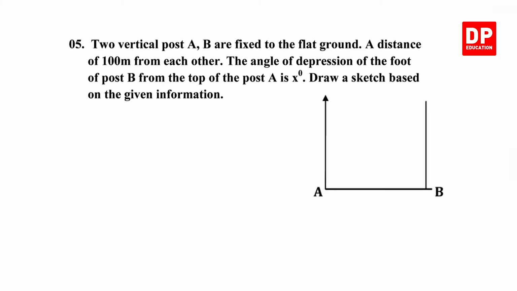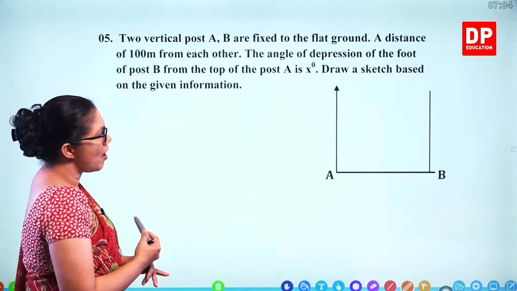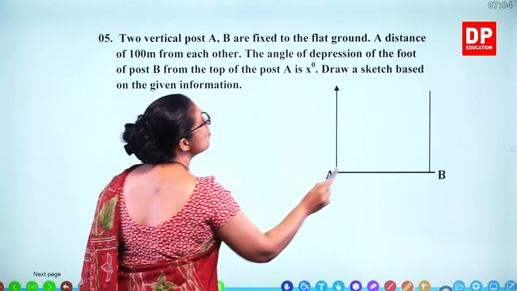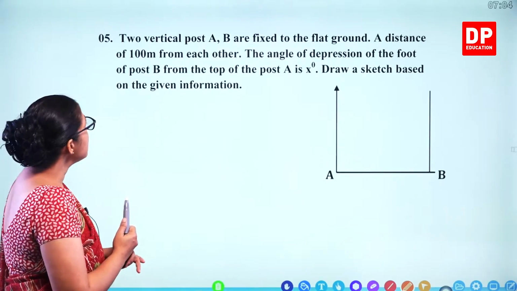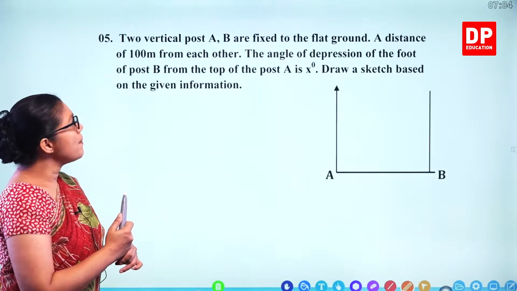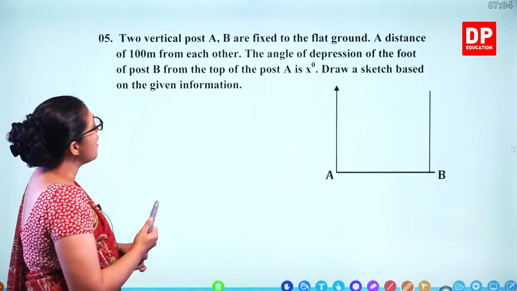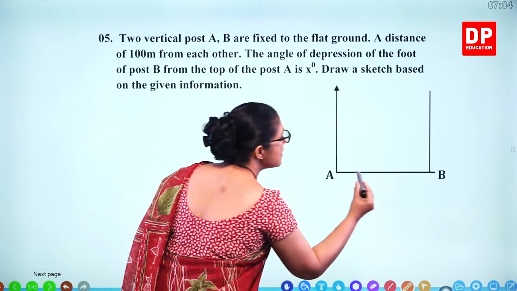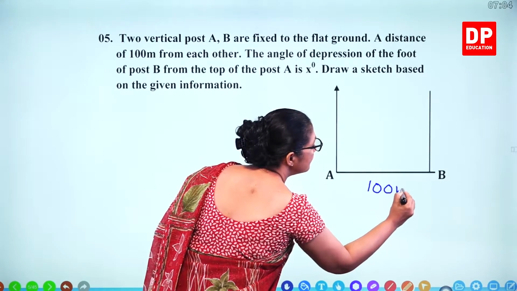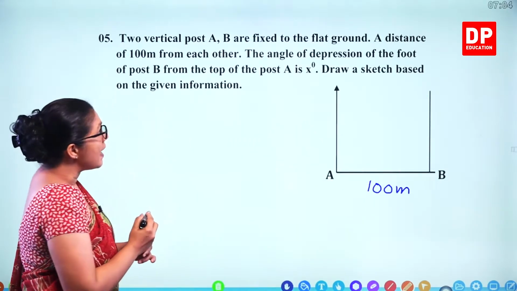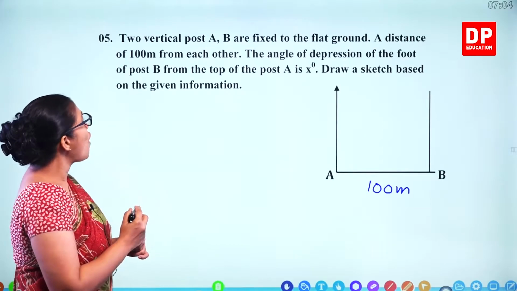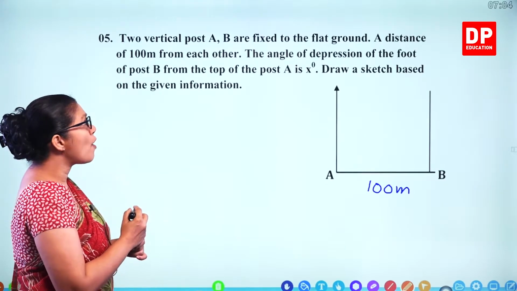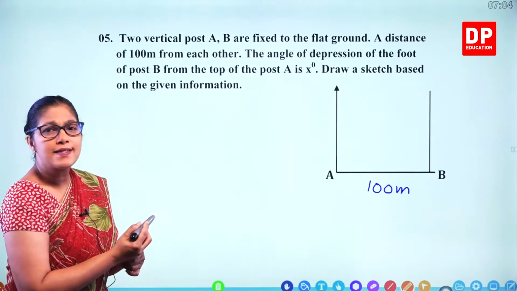Question number 5. 2 vertical posts A, B are fixed to the flat ground. So these are the 2 points. A distance of 100 meters from each other. So the distance here is 100 meters. The angle of depression of the foot of the post B from the top of the post A is x degrees.